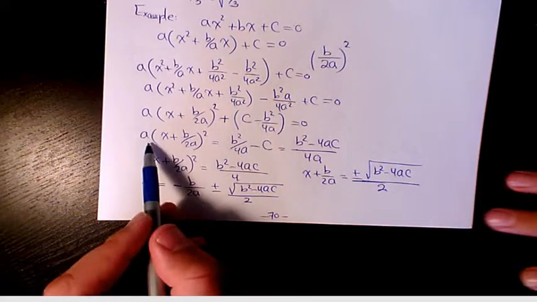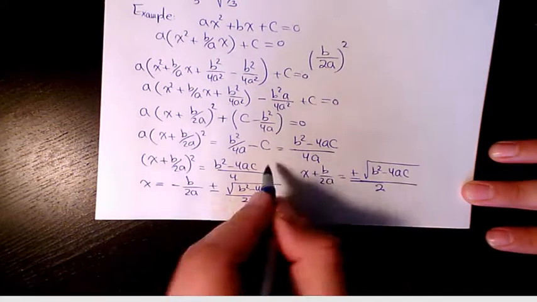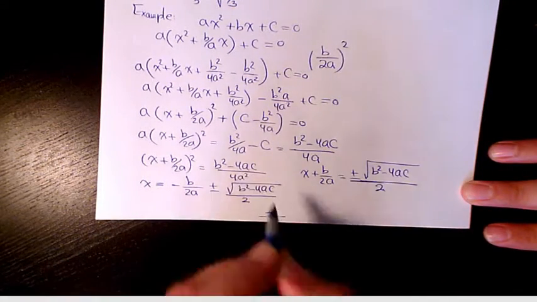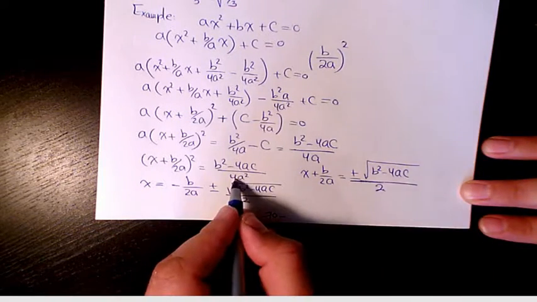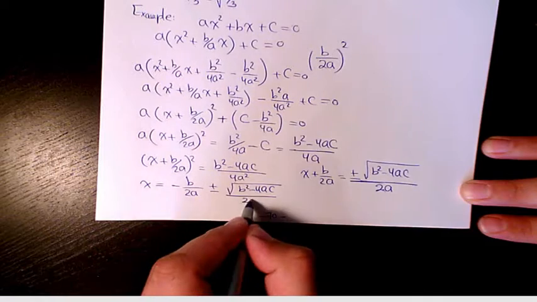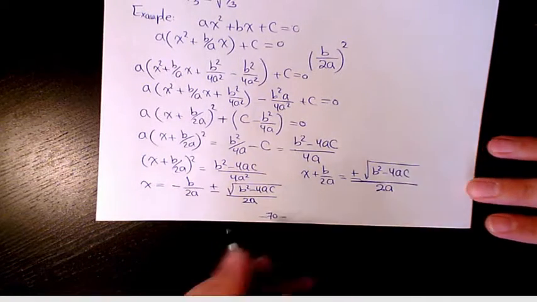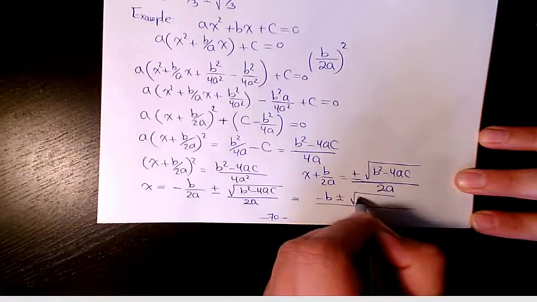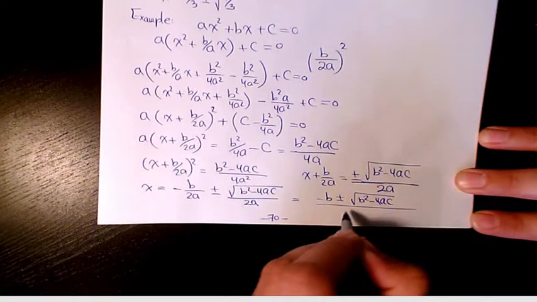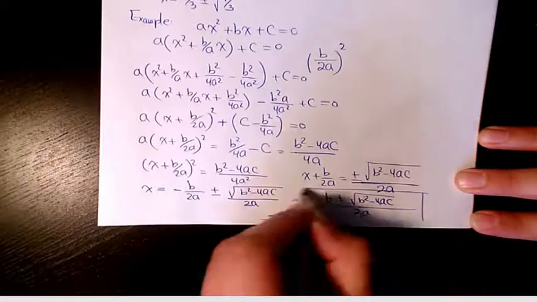The mistake to watch for here is that when you divide by a, that's going to be 4a squared. That's why when you find the square root, it's going to be 2a. So that's why you have 2a here. That's correct. And then finally you can write x equals minus b plus minus the square root of b squared minus 4ac, divided by 2a.